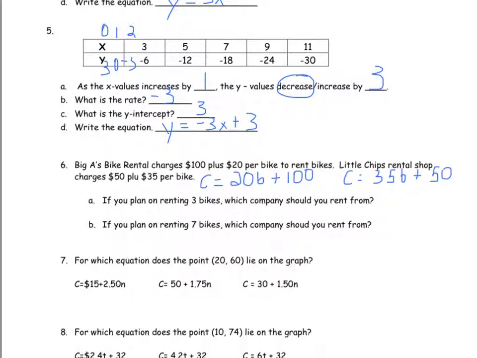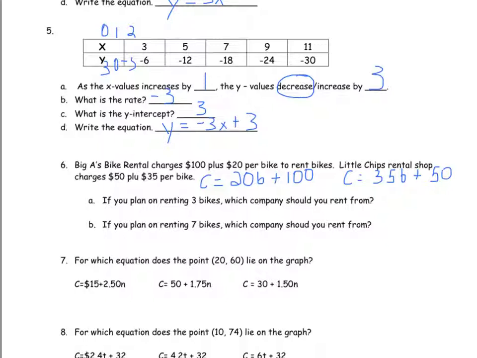The equation that I came up with for Big A's is the total cost, which I put as C, equals 20B, because it's $20 per bike, plus 100, which is the initial fee. The equation for Little Chip's is C, the total cost, equals 35B, because $35 per bike, plus an initial charge of $50.